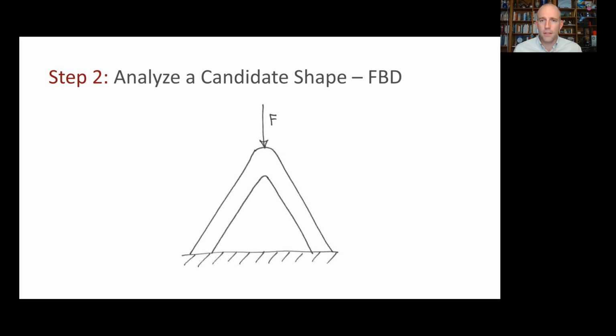The first step in analysis is to draw a free body diagram of this component, load analysis. So now what I'd like you to do is sketch out your FBD, take a couple minutes to do that, then compare notes with your partner and discuss, and then come back. You can hit pause now.